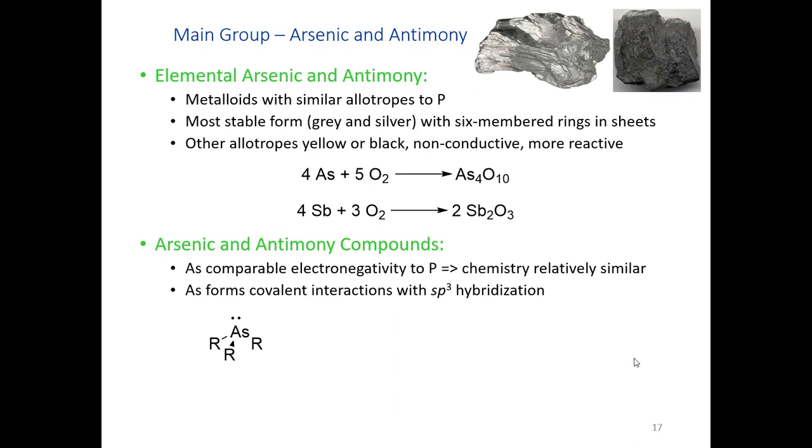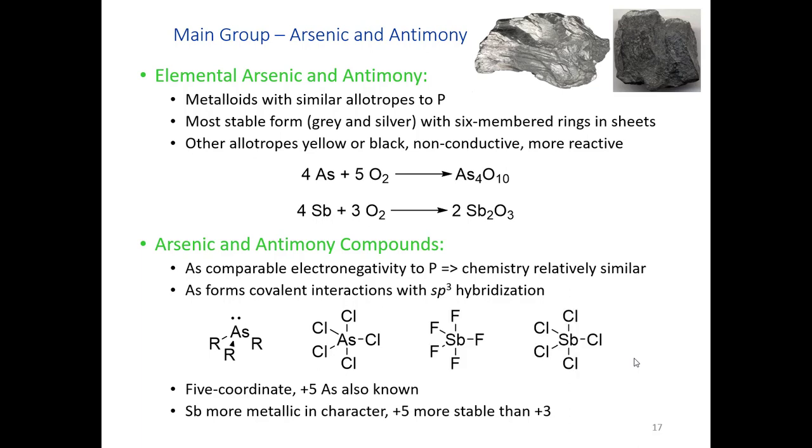Arsenic very commonly is sp3 hybridized and forms covalent interactions. 5-coordinate arsenic compounds with arsenic in the +5 oxidation state are also known. Due to arsenic's toxicity to humans, however, much less chemistry has been explored with this element.